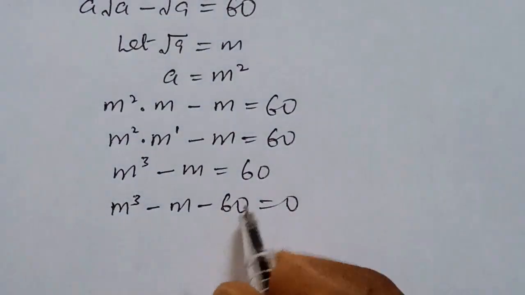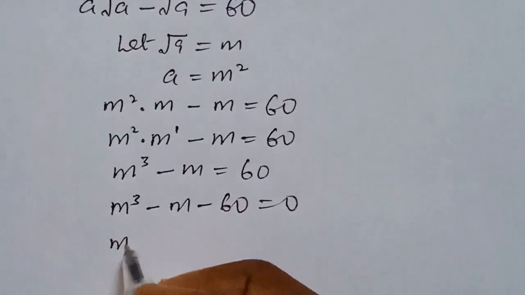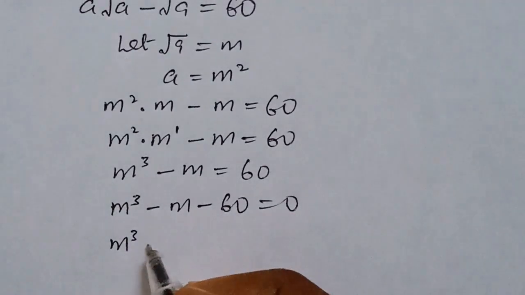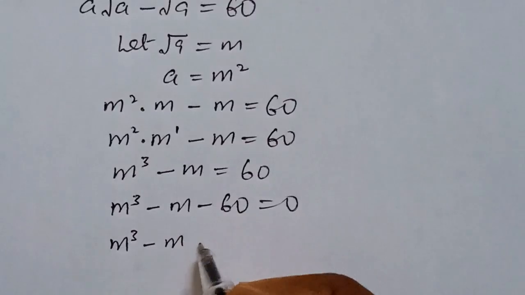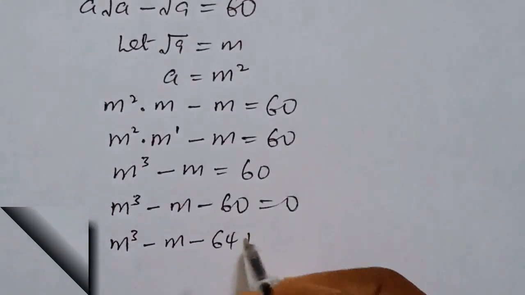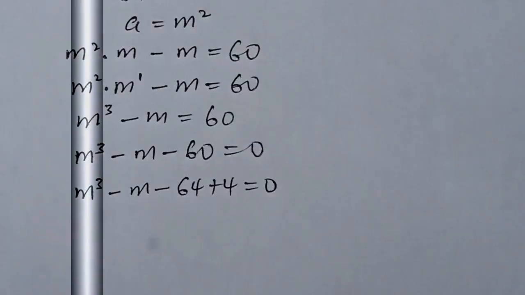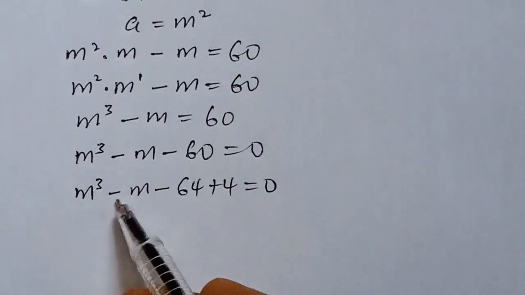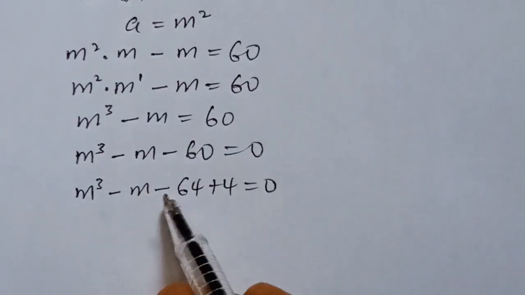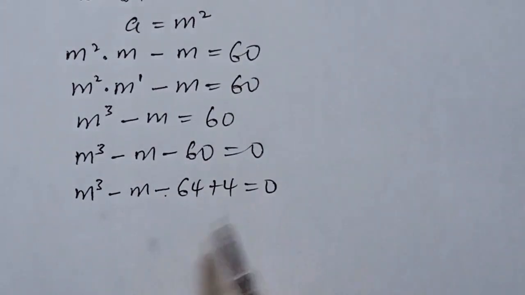So from here we can express this as M cubed minus M minus 64 plus 4 equal to 0.